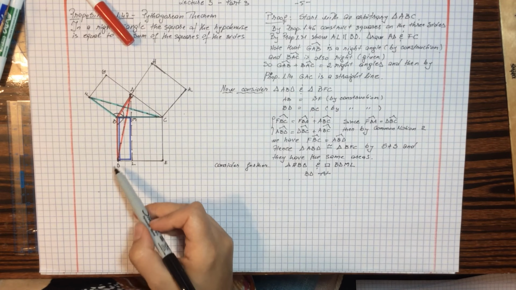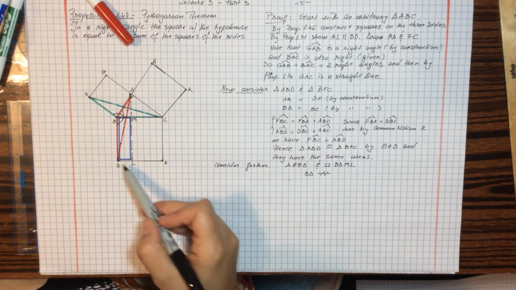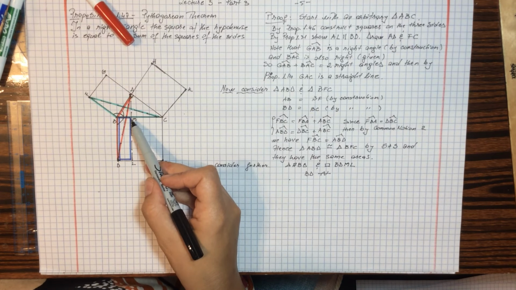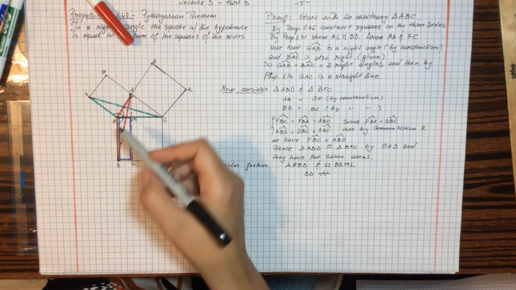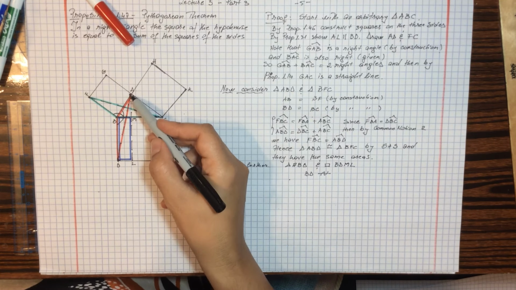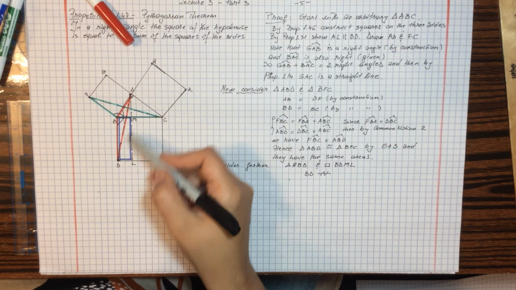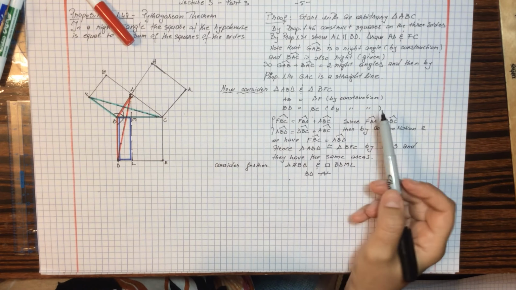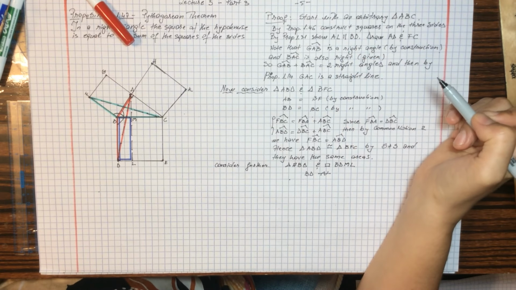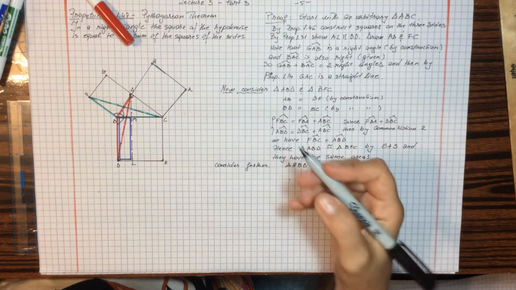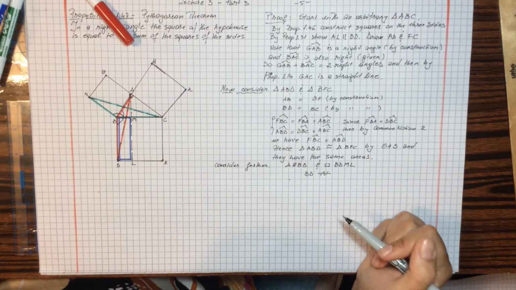Yes, they do. BDLM is a parallelogram, and ABD is the red triangle, and they both fall on these two parallels.